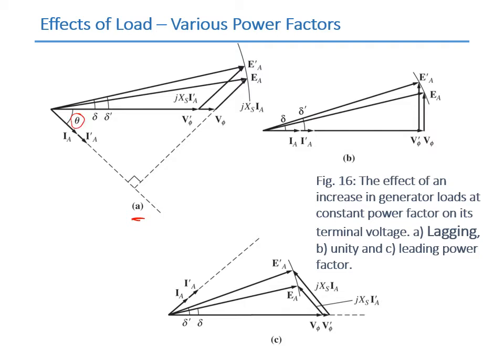Okay, now what will happen if the power factor is unity, or if it is leading? B is for unity power factor. You can see the angle of IA is 0, and C is when the power factor is leading, and you can see that from the angle of IA, which is positive.